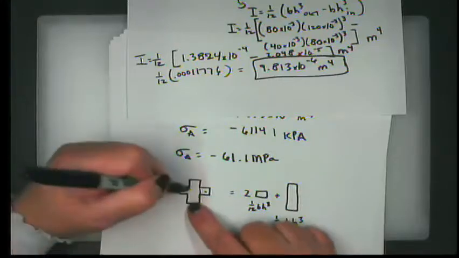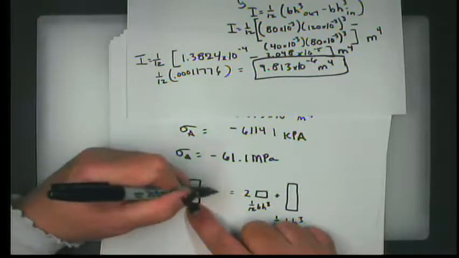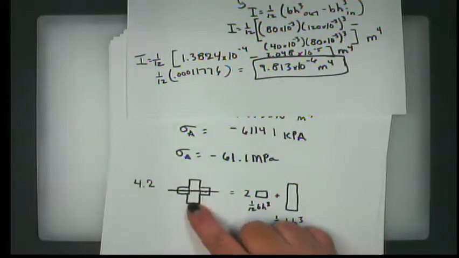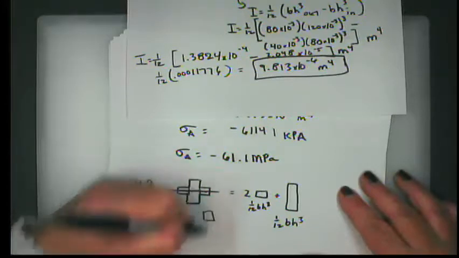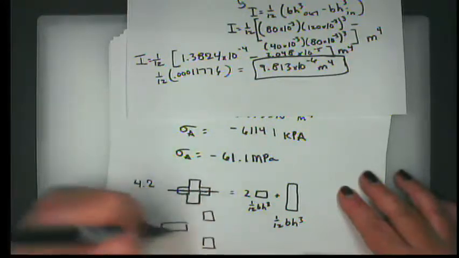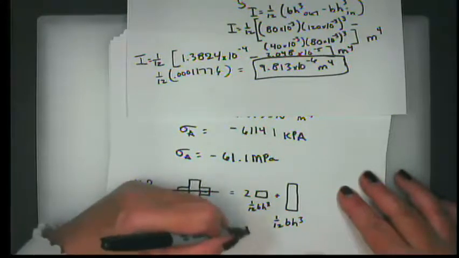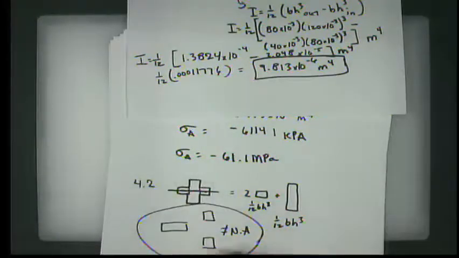The reason being that each of these, if you look at it that way, has the same neutral axis. If you break it down into this plus this and this, these do not all have the same neutral axis, so the work will become more complicated.